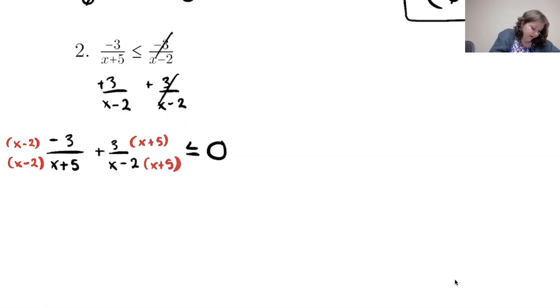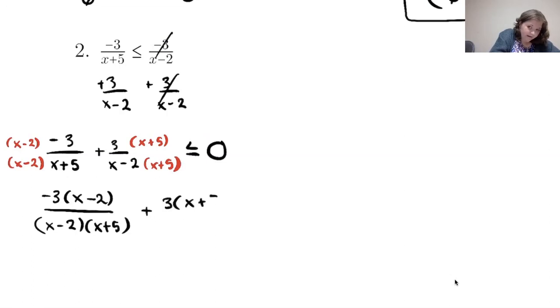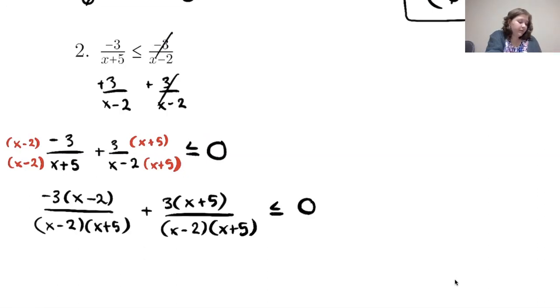And so we end up with -3 times x minus 2 over x minus 2 times x plus 5, and then plus 3 times x plus 5 over x minus 2 times x plus 5. And then that's all less than or equal to 0. Okay.